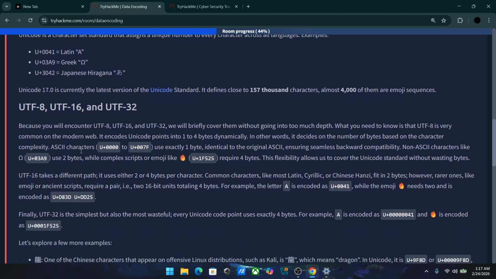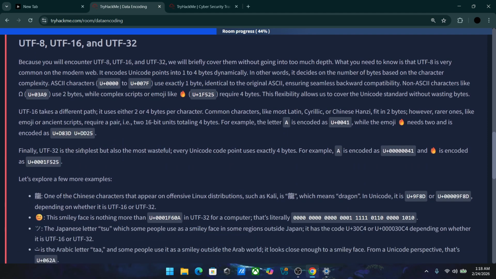UTF-8, UTF-16 and UTF-32. Because you will encounter them, we will briefly cover them without going into too much depth. What you need to know is that UTF-8 is very common on the modern web. It encodes Unicode points into 1 to 4 bytes dynamically.